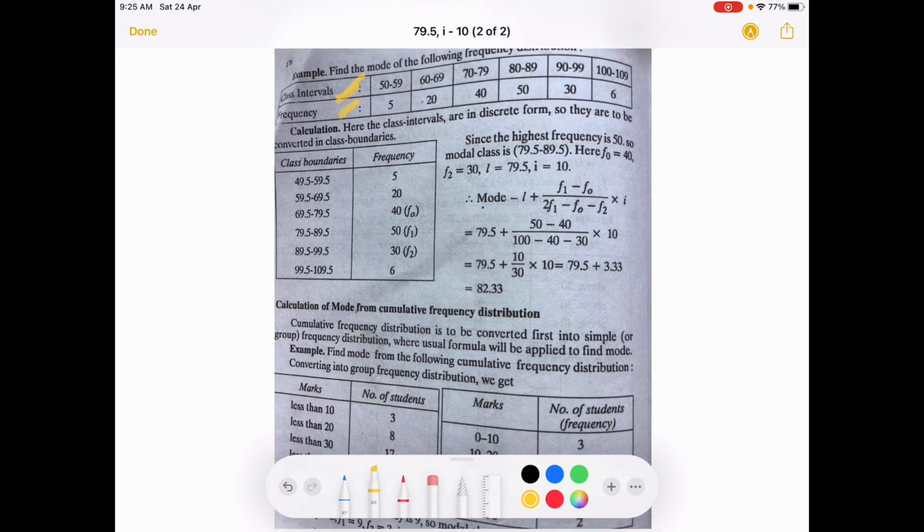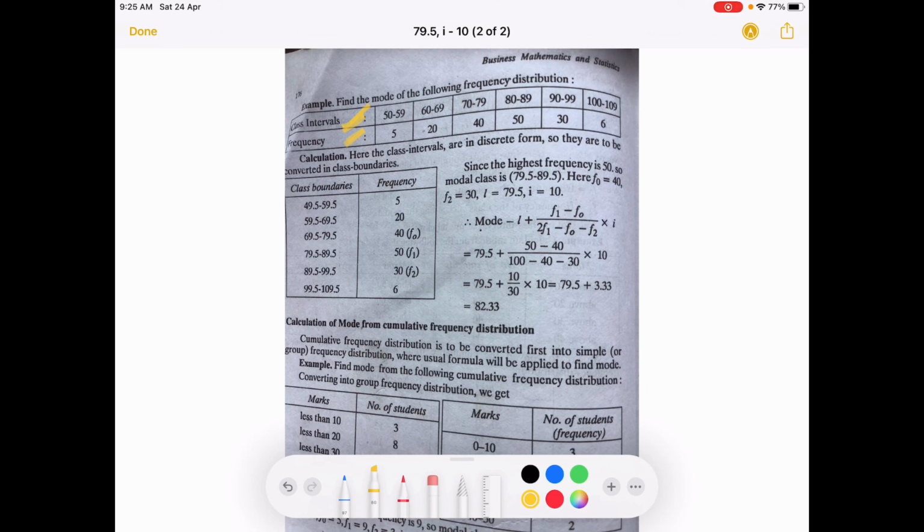But one thing you have to remember here: they have given the question in a discrete series. See, 50 to 59, then the next class starts from 60 to 69. It is supposed to start from 59 only, like 50 to 59 then 59 to 69, but they have kept some gap here, 50 to 59, then 60 to 69, then a small gap and 70 to 79.